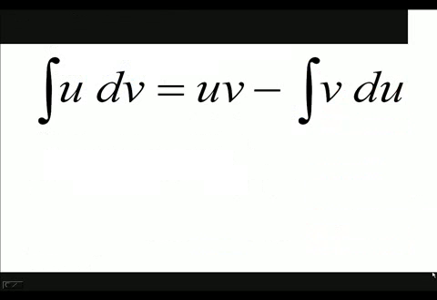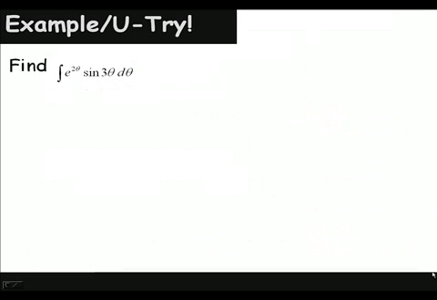All right, so remember our integration by parts formula. In this example, you could do this as a try-it-yourself if you've been working with these problems in class. We're going to try to find the integral of e to the 2 theta sine of 3 theta d theta.